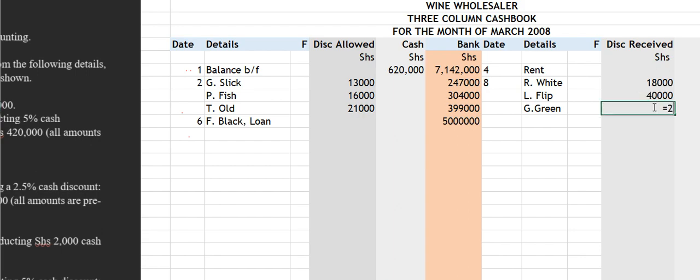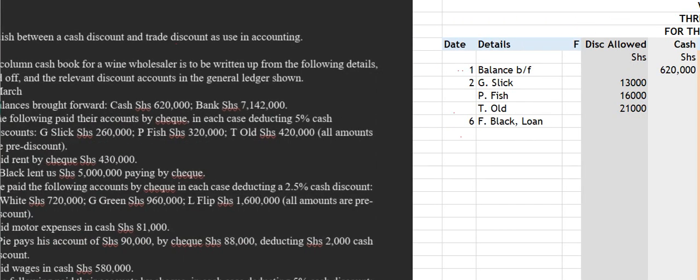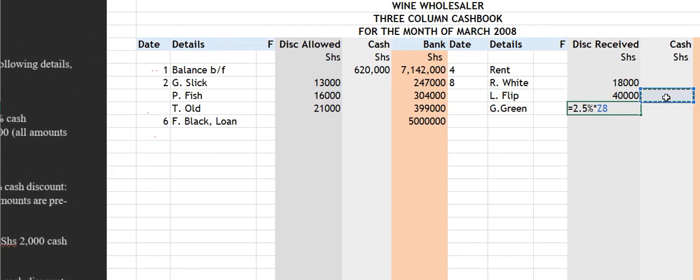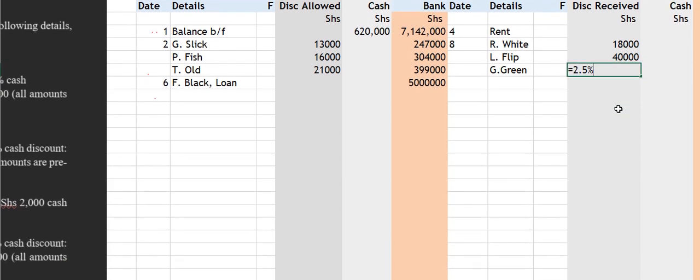Then Gig Green, 2.5% times how much? Gig Green 960,000. That is 24,000.